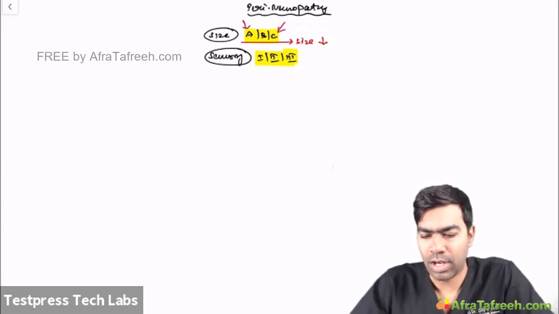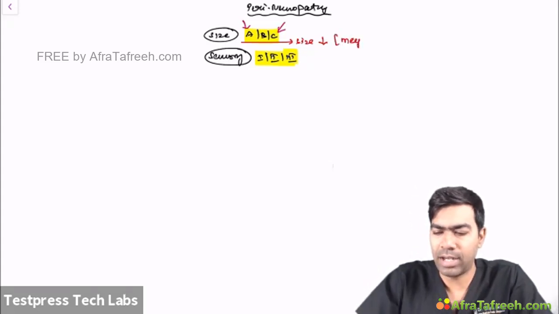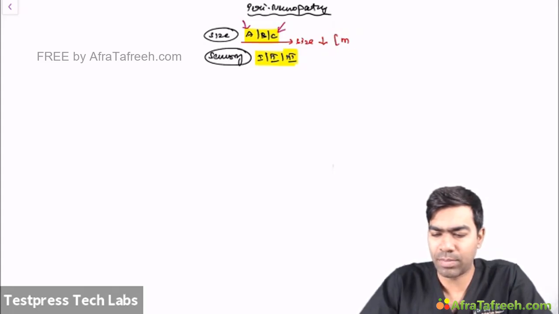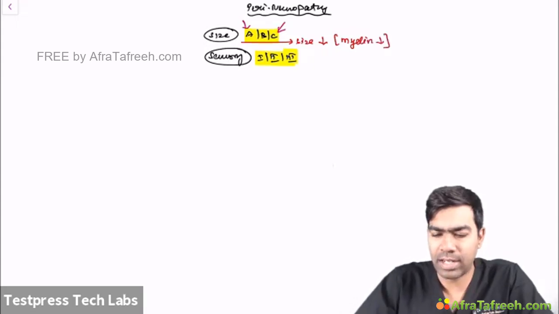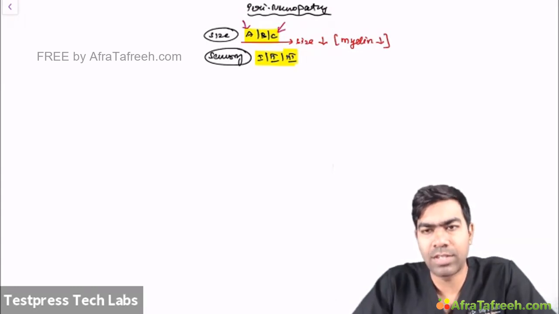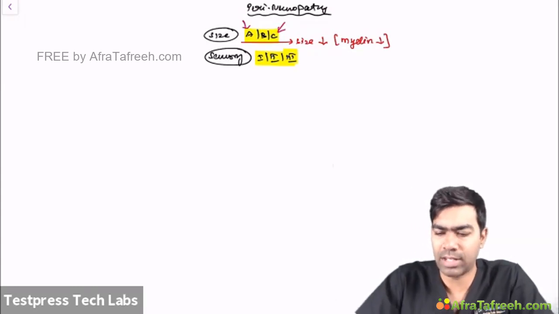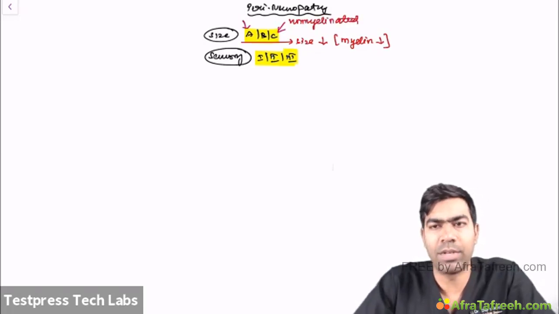Why does the size decrease? Because their myelination also decreases, because myelin makes the fibers thicker. If the myelin decreases, the size of the fibers also decreases, which also means one more important fact: the C fibers are completely unmyelinated. So the A fibers will be myelinated and the C fibers will be unmyelinated.